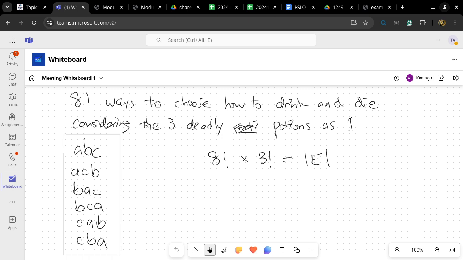So now the probability in this case is this divided by this, which is 8 factorial times 3 factorial divided by 10 factorial. So that gives me the chances of me dying if I were to drink the 10 potions in random order.